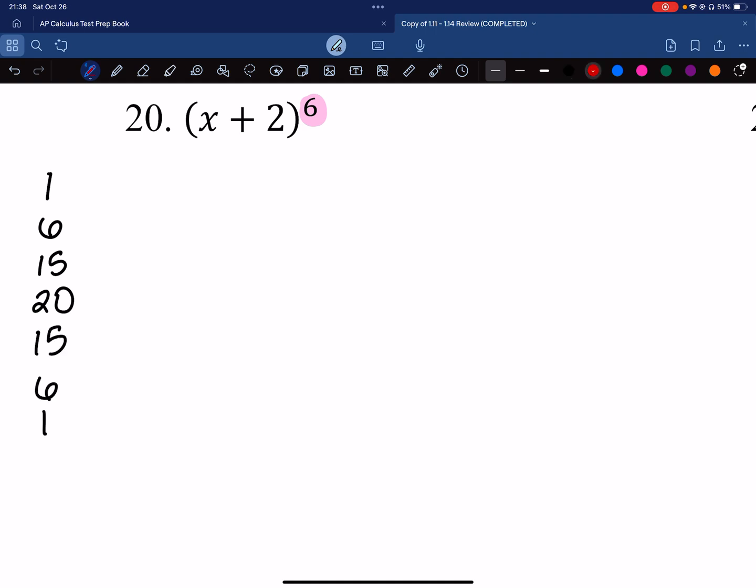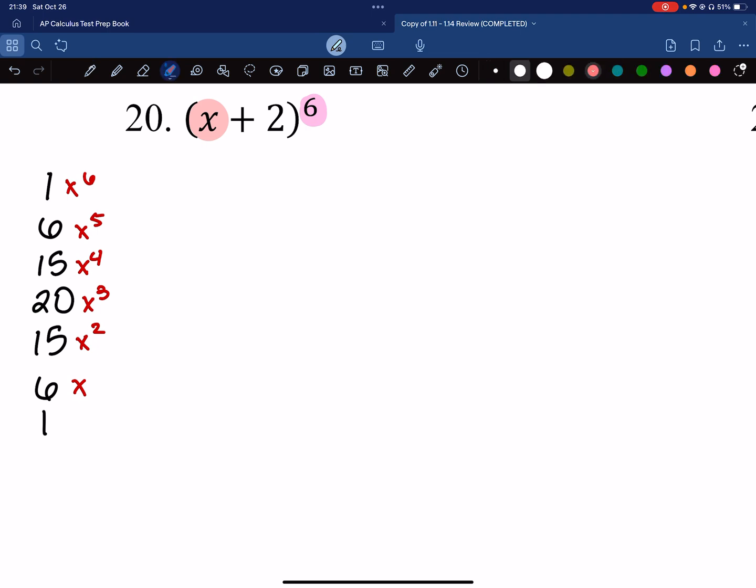The first term is an x. So I'm going to start with x to the 6th and work my way down. X to the 5th, x to the 4th, x to the 3rd, x to the 2nd, and x until I have no x.